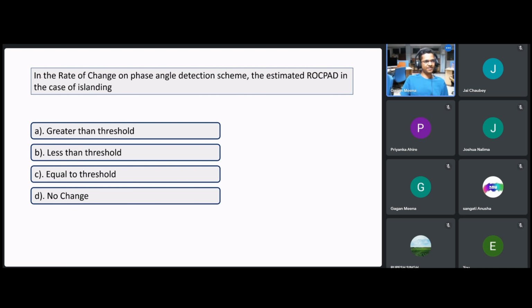Then the next question is, this is also a simple question. This also we have discussed while we were discussing the block diagrams for all the techniques. In the rate of change of phase angle detection scheme, the estimated rate of change of phase angle deviation in case of islanding is greater than threshold, less than threshold, equal, or there is no change.